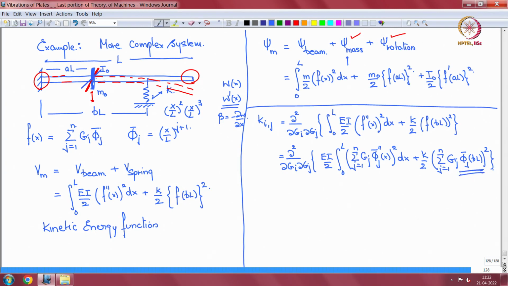Okay, please note that there is no integration related to that, please note. Okay, this is at a particular point, whereas this is over the x. It's important. Okay, then what do we get?